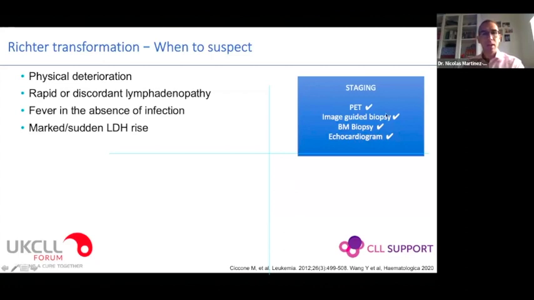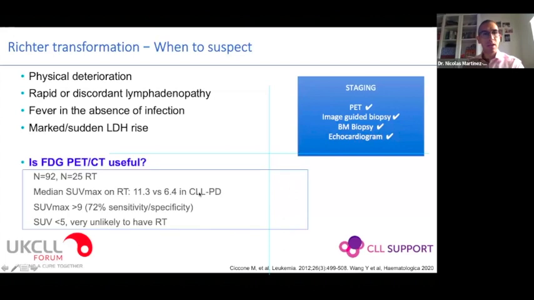But then the next question is: is PET really useful? This is a study that was published some years ago, with 92 patients with CLL, of which roughly a quarter had Richter's transformation. They were looking at whether we could find some use in the PET. I think the PET has a dual use here.